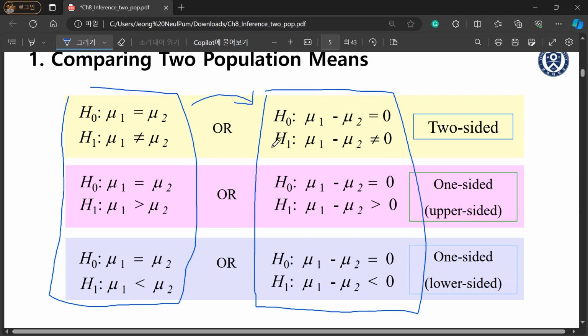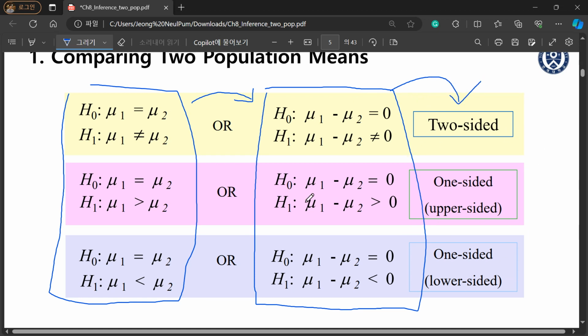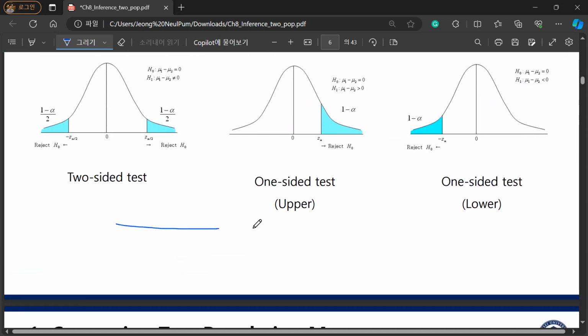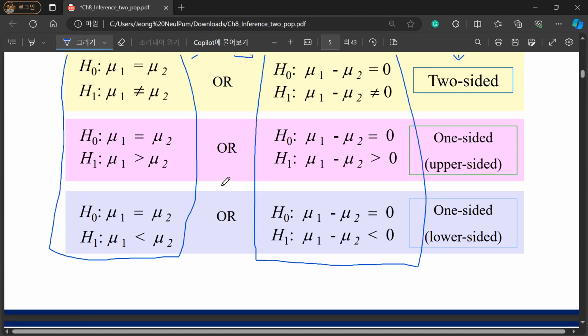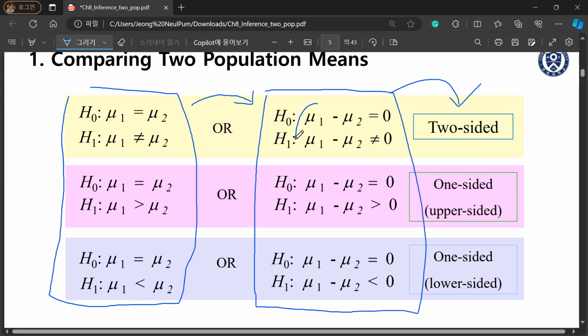So we can also apply the previous lecture knowledge to this situation and do the same test. It is the same as the previous one, but the only difference is that we deal with the two populations by deducting one population mean from the other population mean.